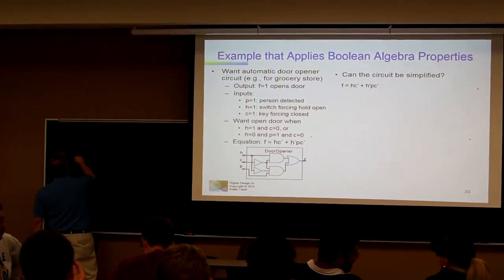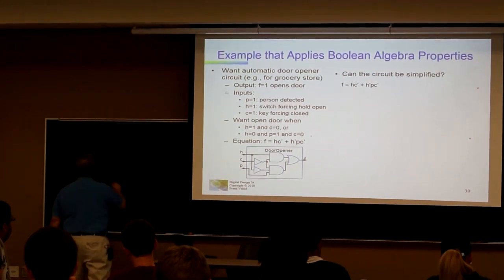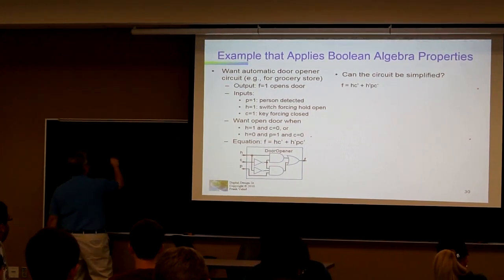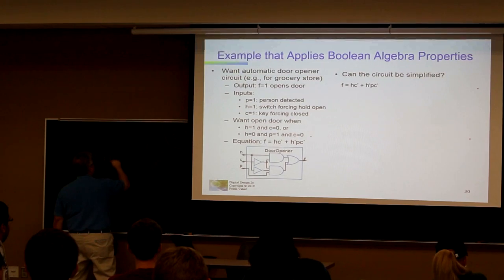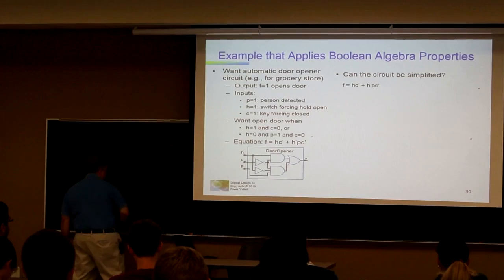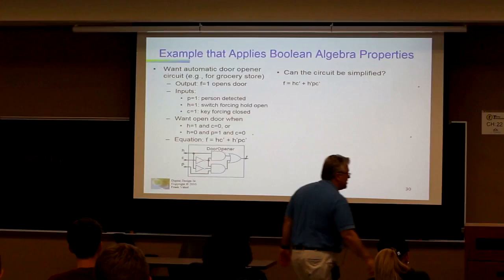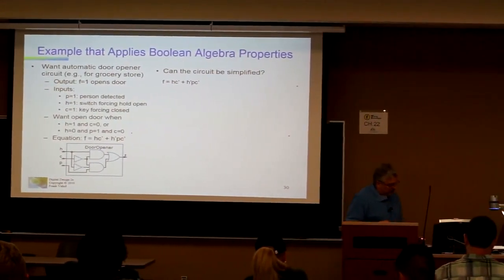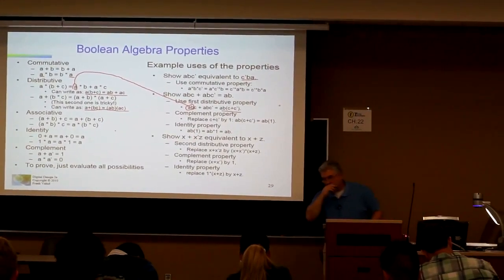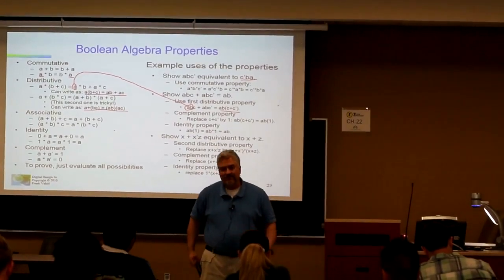F is equal to H C prime or H prime P C prime. All right? So what I want you to do is to turn to your neighbor and using the algebraic properties that I just talked about here, solve this. And we'll come back in a few minutes.